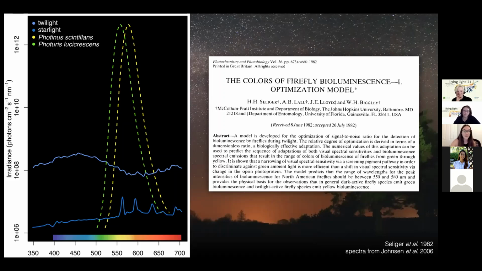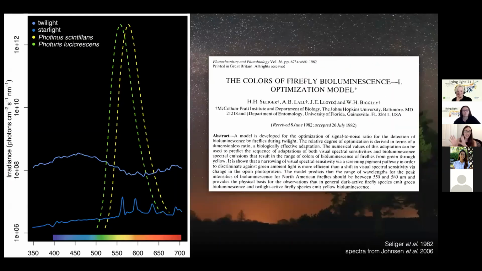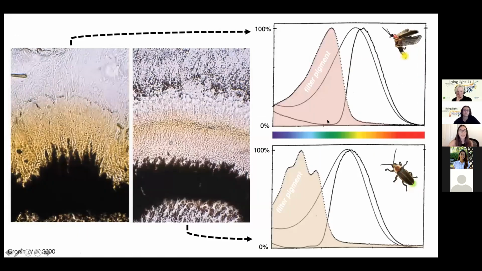There are a couple more details about it though. So basically, you can't just turn from green to yellow, because if a firefly shifts its bioluminescence spectrum away from its green photoreceptor, it's going to lose visibility. So instead, the first thing that fireflies do is they shift their vision using filter pigments. So here is a crepuscular firefly.